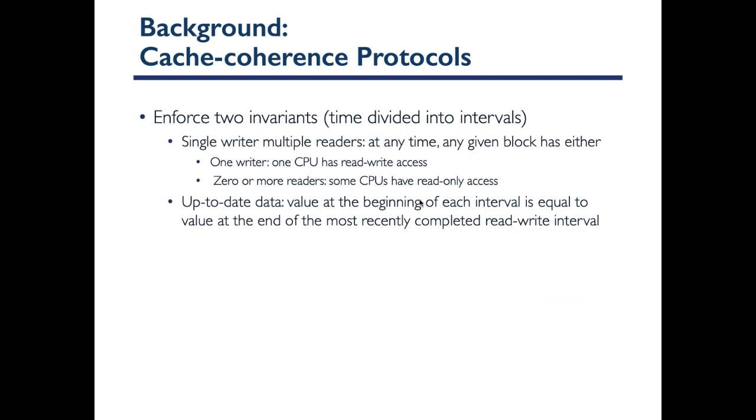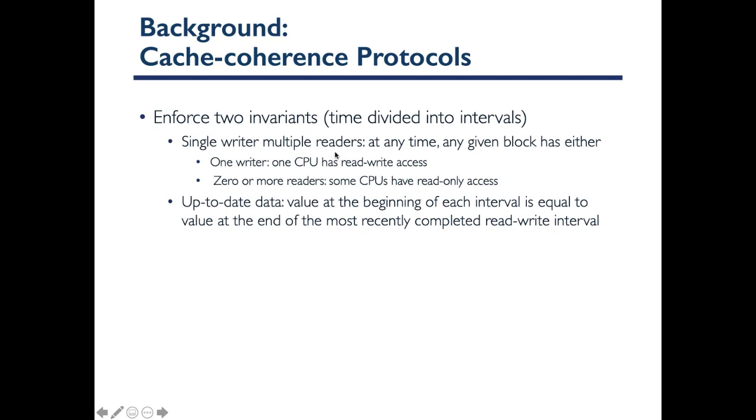So to address this problem, we will come up with cache coherence protocols. And the essence of any cache coherence protocol is to have two invariants implemented. The first invariant is the single writer, multiple reader invariant.